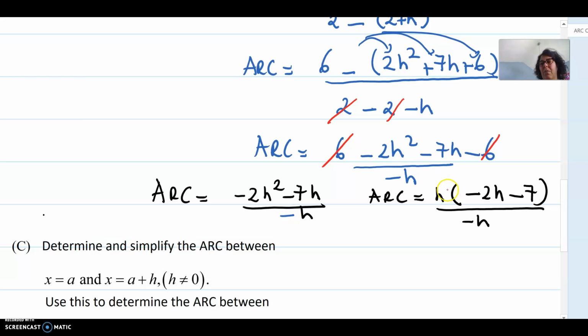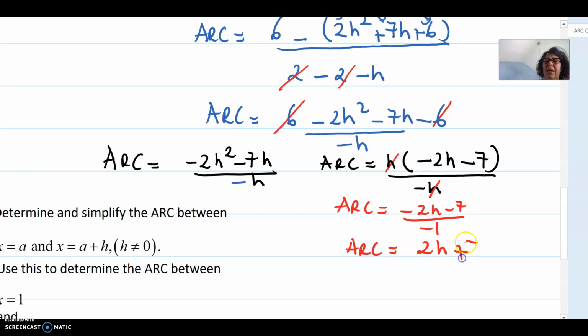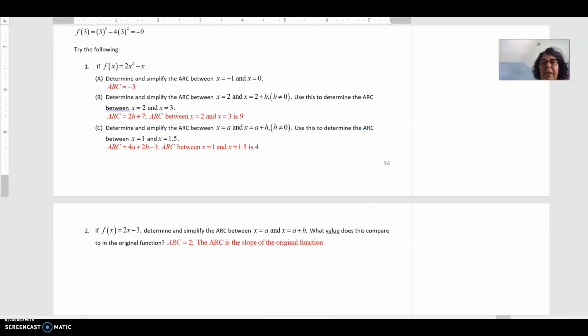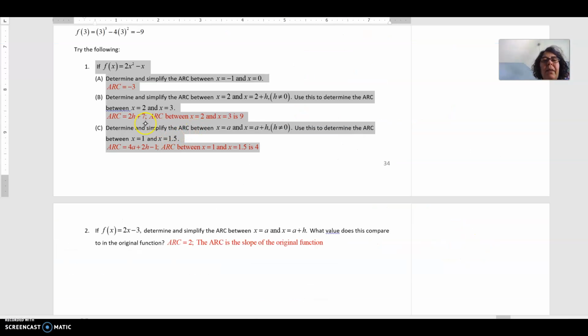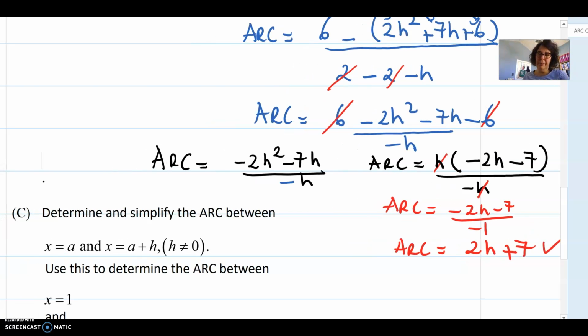So when those simplify, I'm left with average rate of change negative 2h minus 7 all over negative 1. That means just change the sign, 2h plus 7. That's the answer. However, part B, you're not responsible yet.